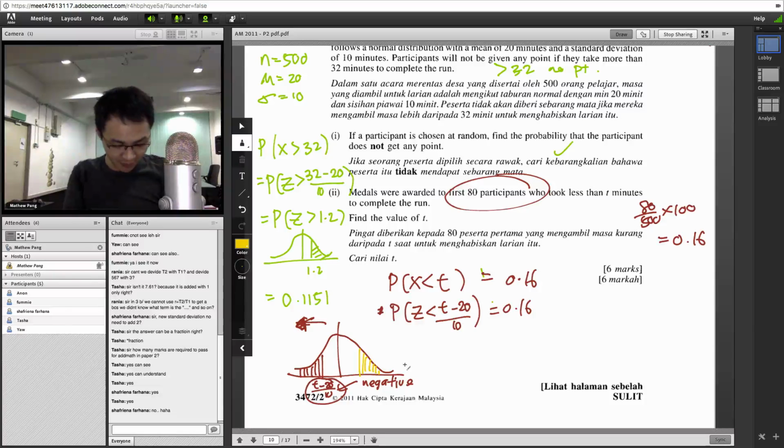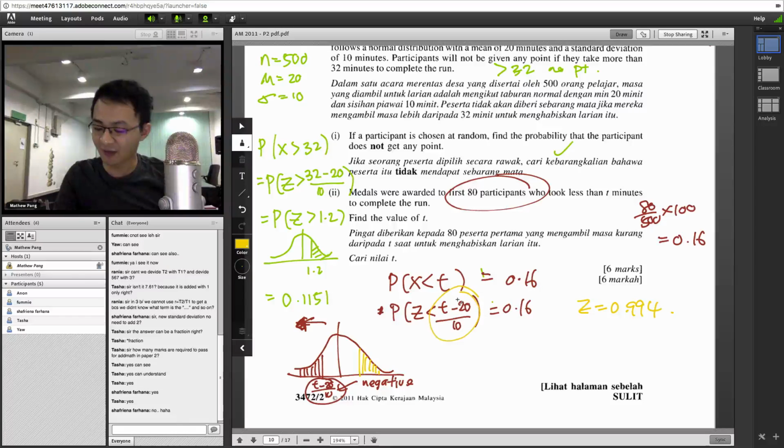So 0.16 over here should be 0.994. So that means I know the Z value equals 0.994.